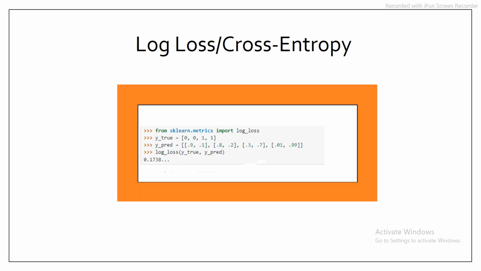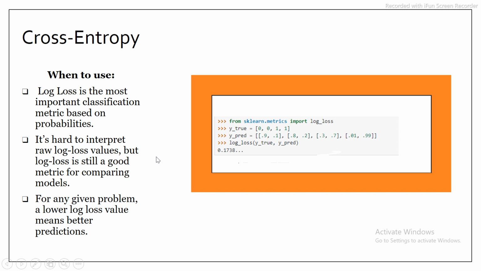So for cross entropy, you can check this here. If you see, the log loss is 0.17. Typically it is a strength, a very weak strength you can say, 0.17, that is 17%. So it's not a good idea. Log loss is the most important classification metric based on probabilities.